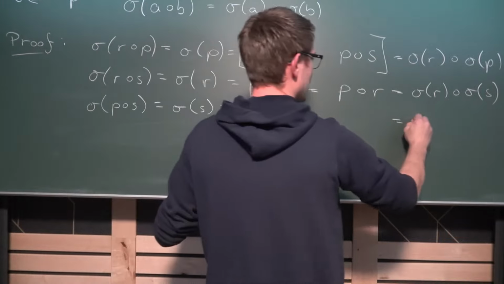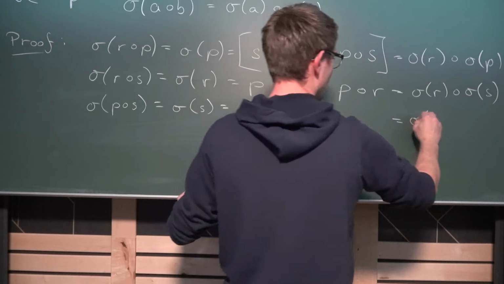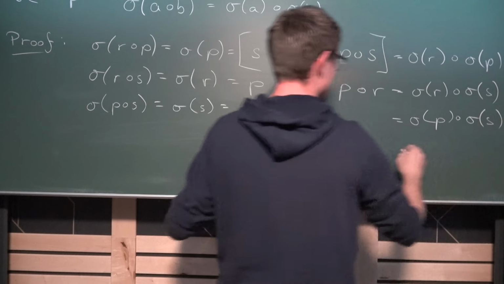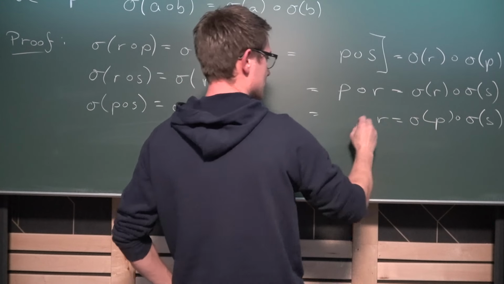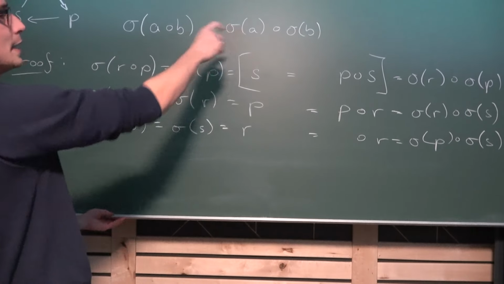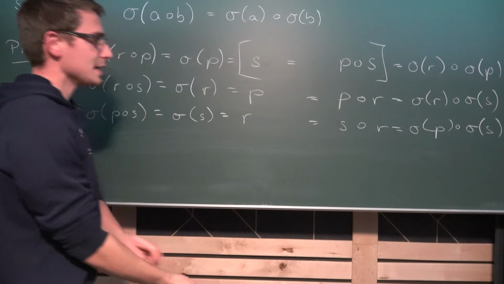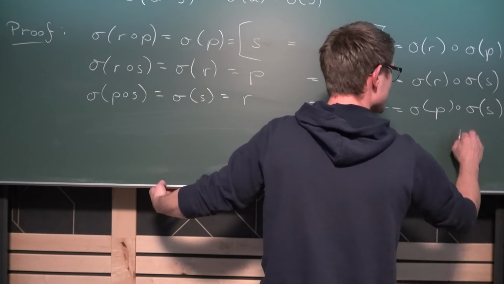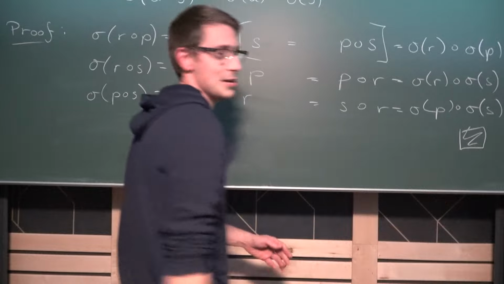Now, what are we going to get out? Sigma of paper versus sigma of scissors. Sigma of scissors is rock, and sigma of paper is going to be scissors, meaning rock is going to win. And hence we can put our first QED down here in the corner.